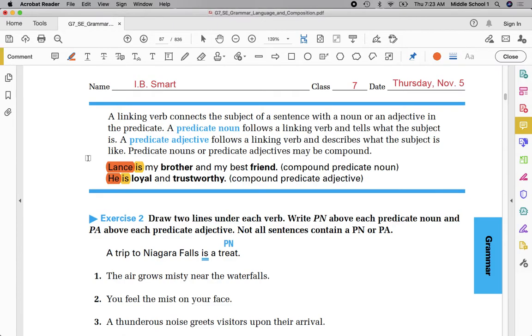Now today, what do the subject and its linking verb connect to in the sentence? You're going to be asking yourselves the same questions that you did for direct object. He is what? Lance is what? The word that you're going to find is either going to be a noun, a pronoun, or an adjective, which will be describing the subject of the sentence.